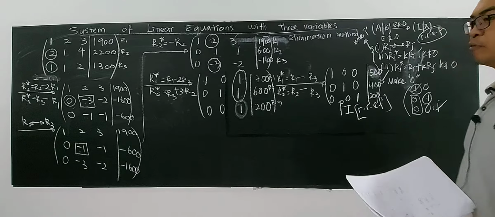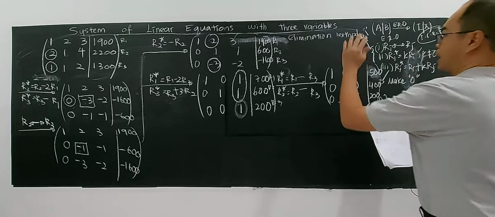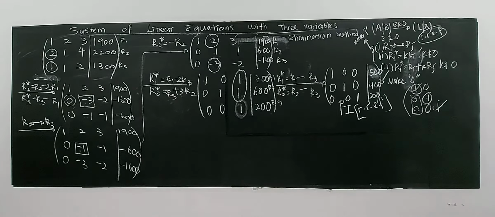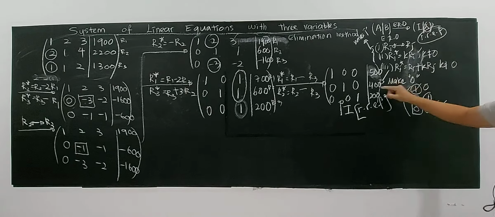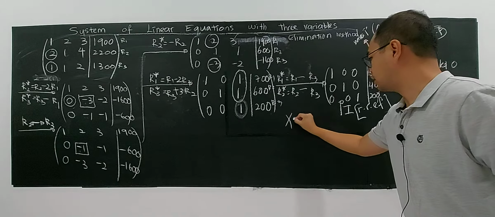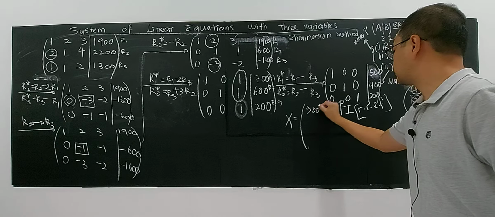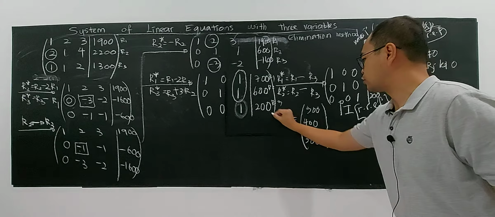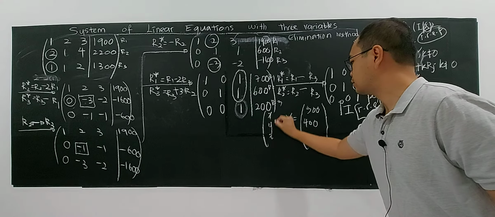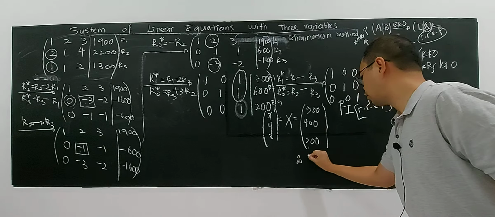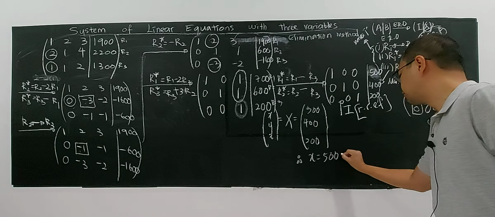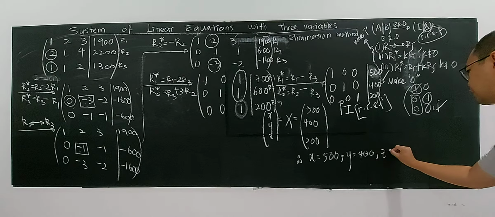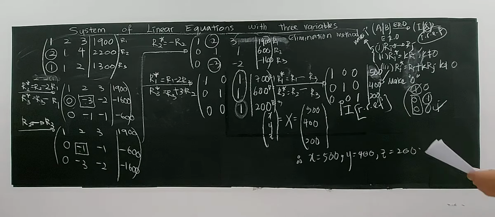You have performed the Gauss-Jordan elimination method completely. So after getting this, your x will be 500, 400 and 200, which are your x, y and z. Therefore x is 500, y is 400 and z is 200.